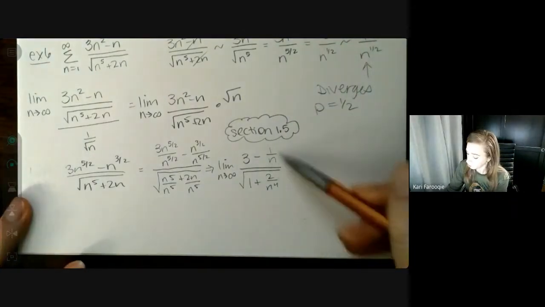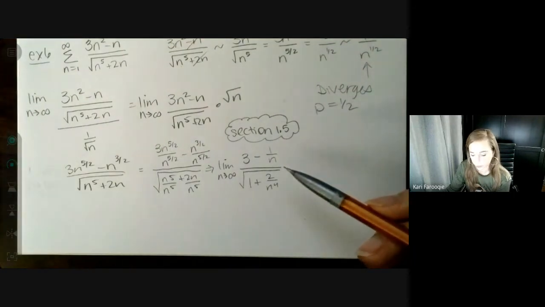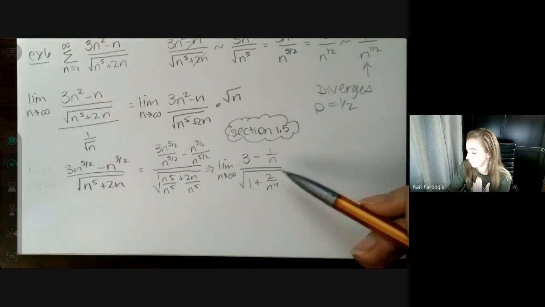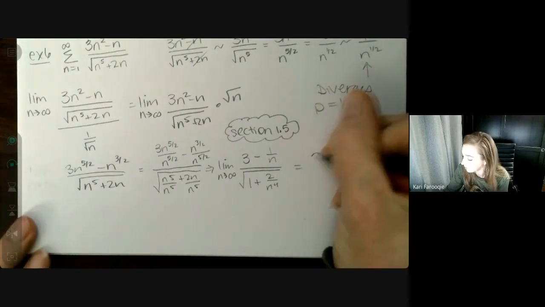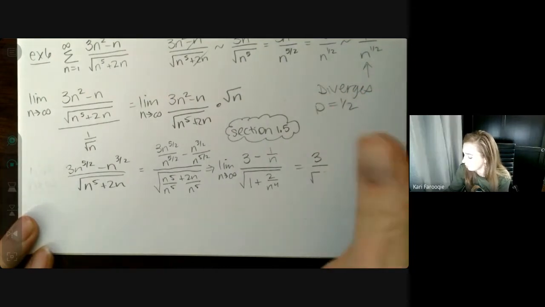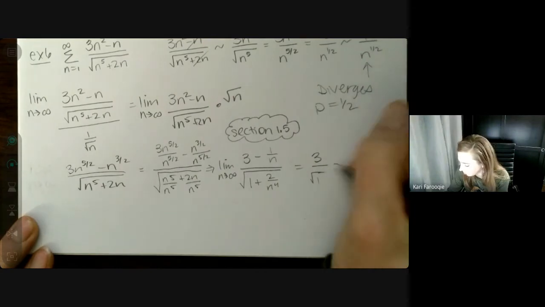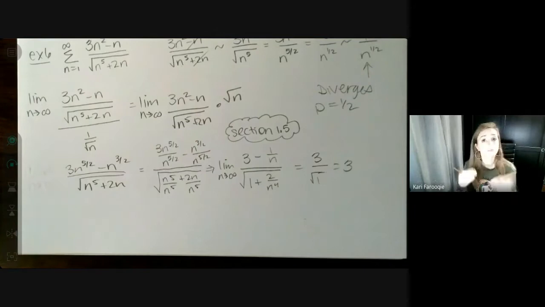So for the second term in the numerator, as n approaches infinity, the limit of 1 over n is going to be 0. So in the numerator, you'll have 3, and in the denominator, you'll have the square root of 1 plus 0, which is just the square root of 1. So you end up with 3 here.